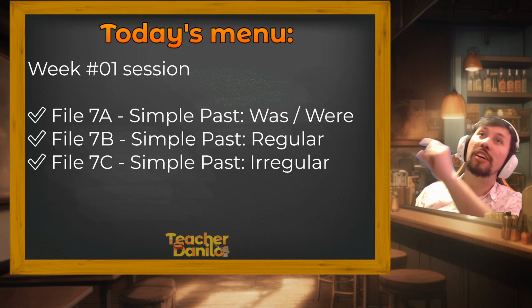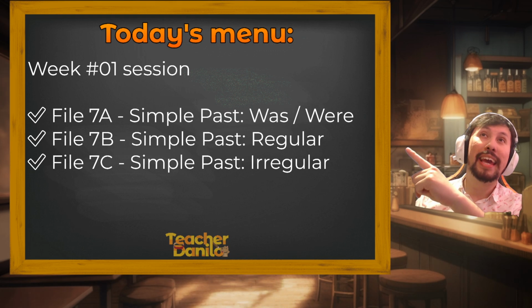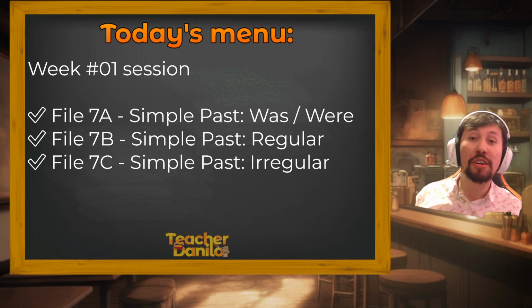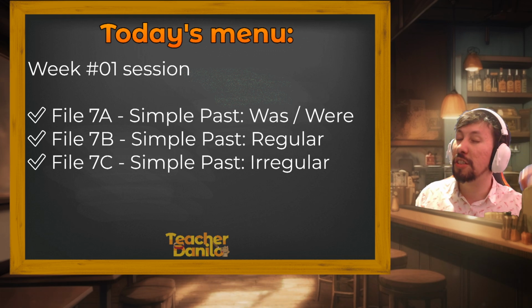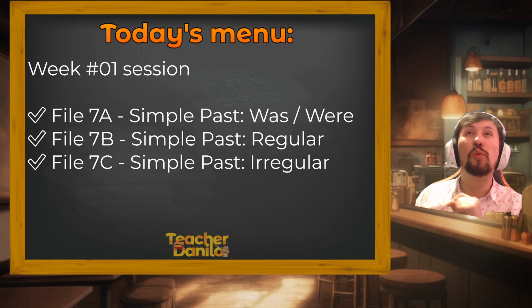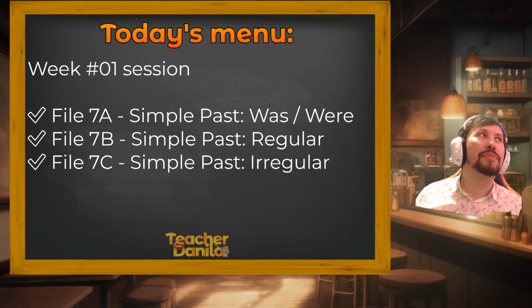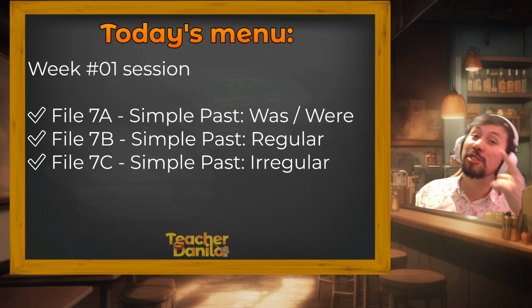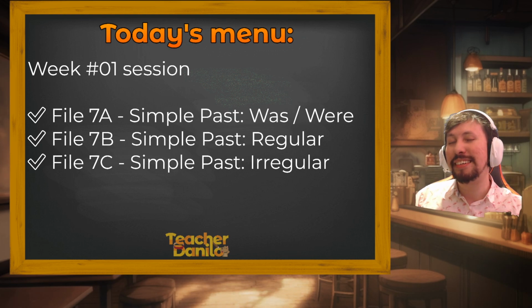On the first one, we have was and were. Then we have the regular verbs with ed: danced, walked, looked. And then on file 7c we have the irregular verbs, like saw, like ate, drank, etc.